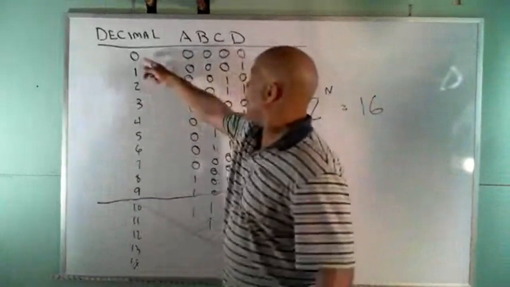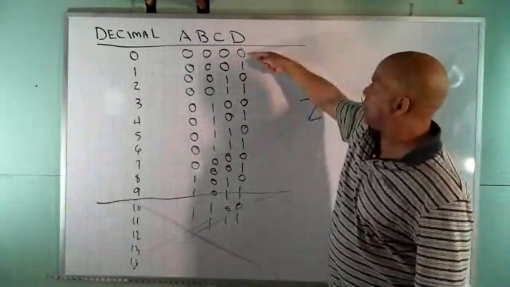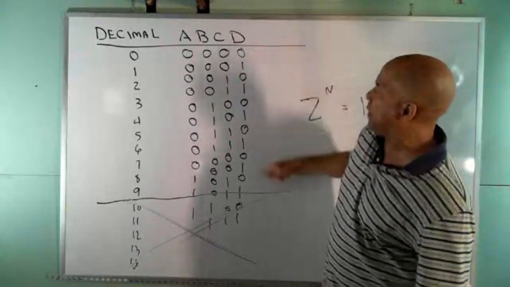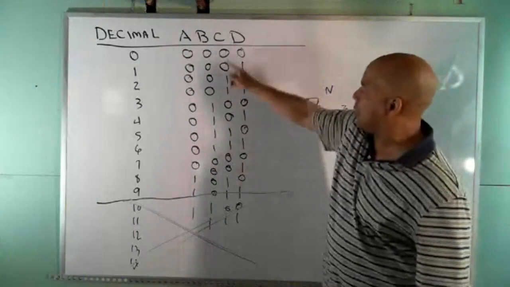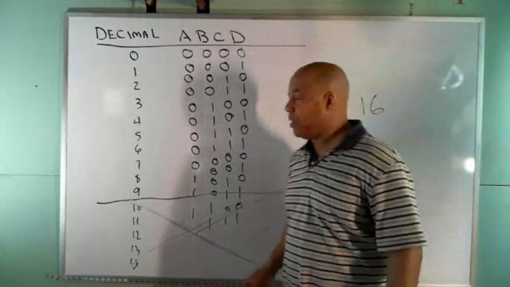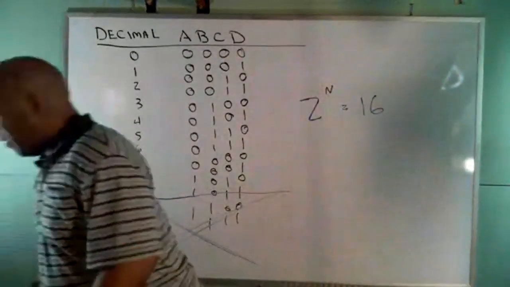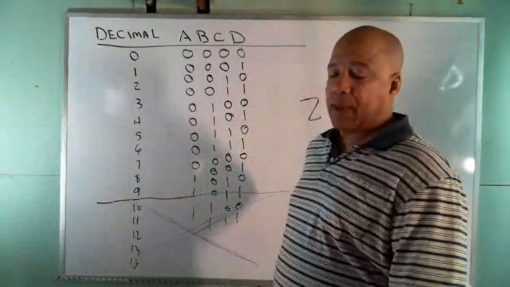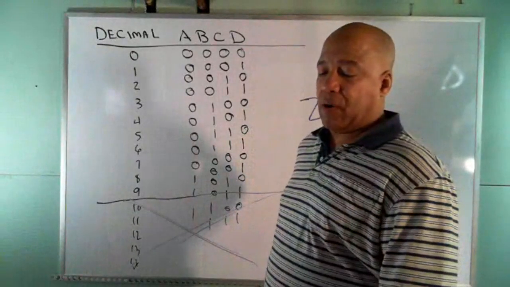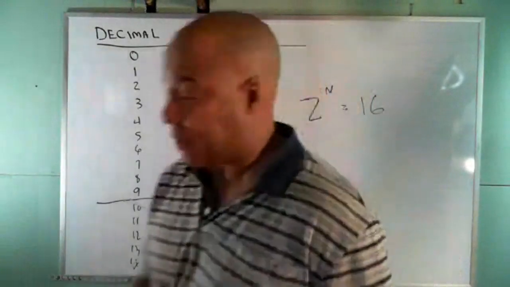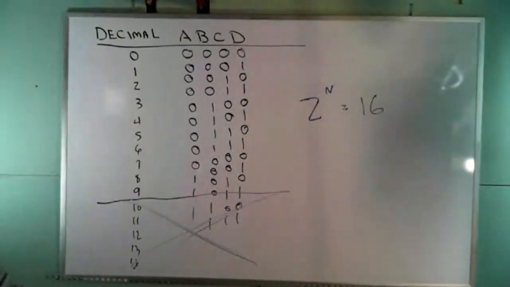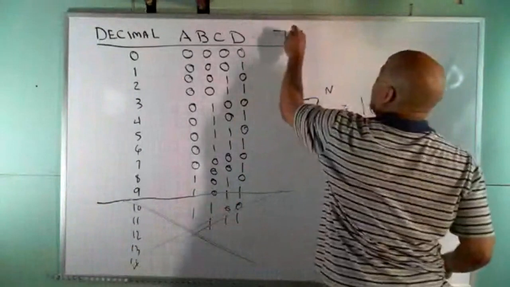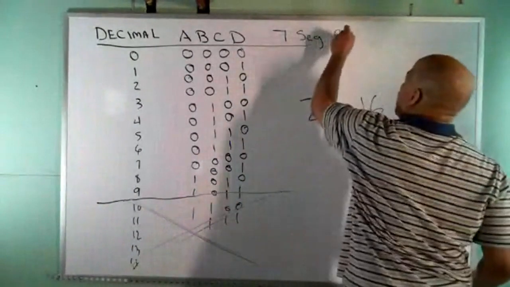So go ahead and do that. Count in binary, count from 0 to 9. I just want you to get the schema that I gave you. You alternate every bit, and every 2 bits, every 4, and so forth. Once you get that done, if you understand the instructions, what they want you to do for the rest of the table is under the 7 segment outputs.